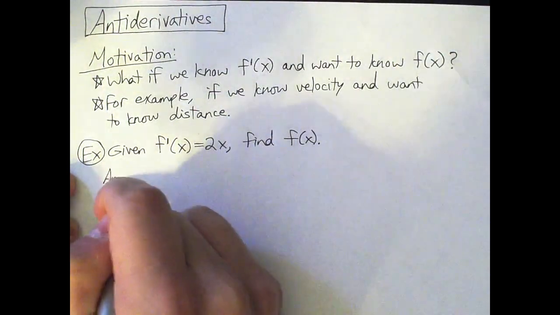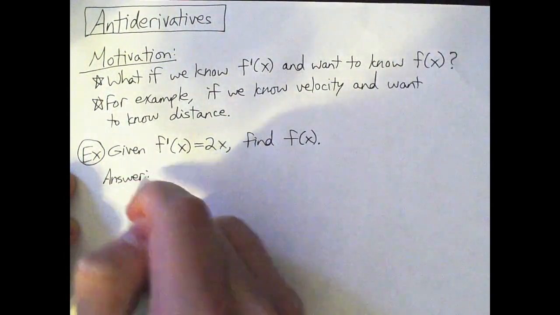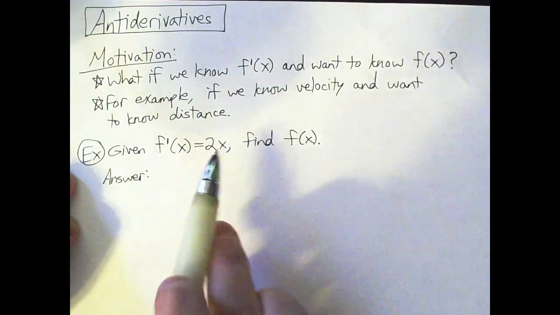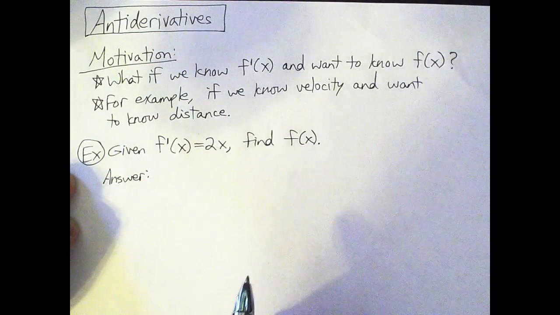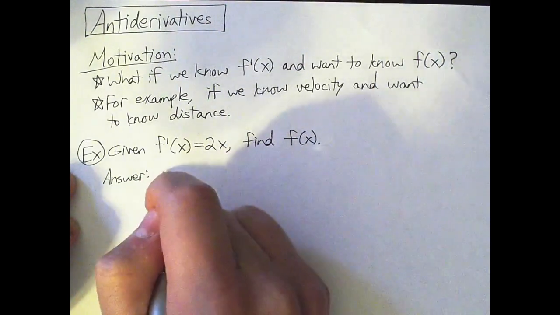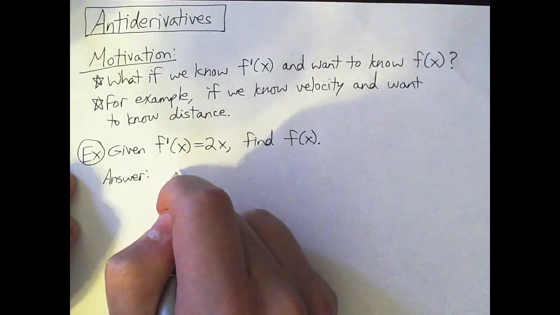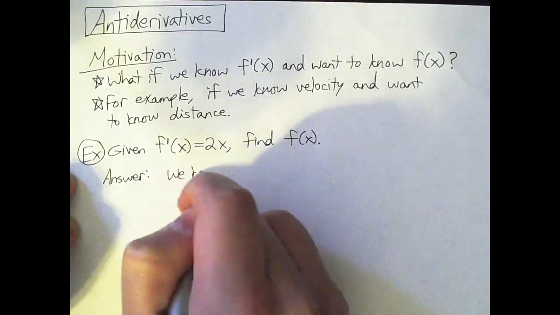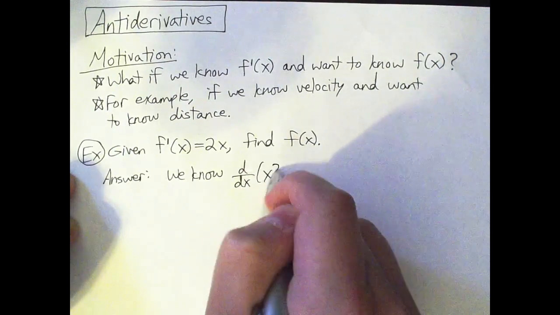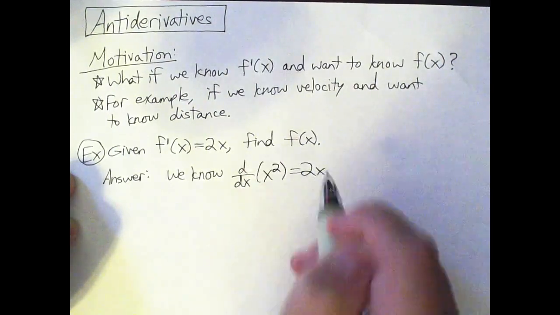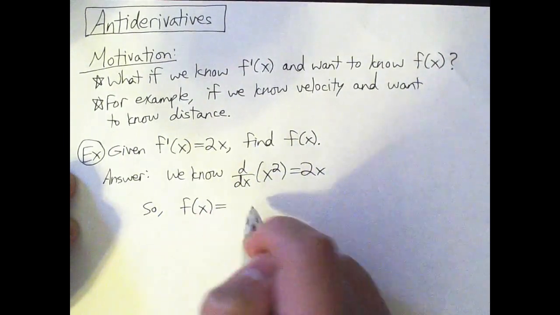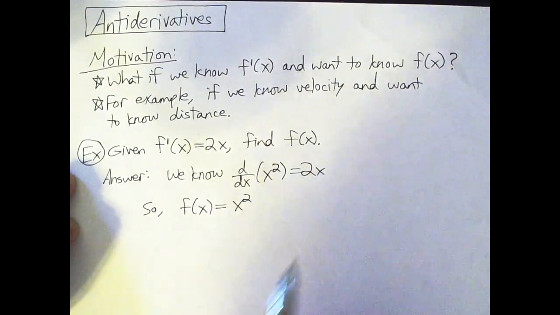How about this? You could probably think of a function that has this as its derivative. We know that the derivative of x squared equals 2x. So f of x equals x squared.